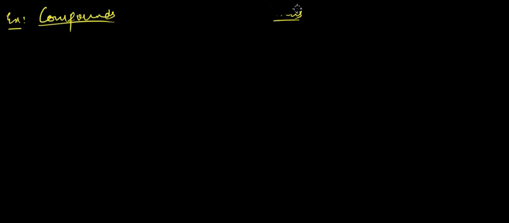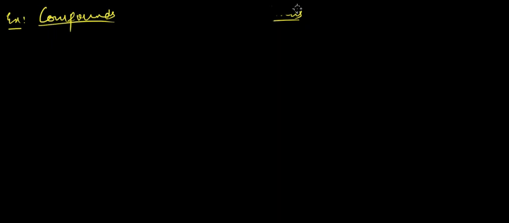Okay, let's look at the second example. We have Cl, H here and H, Cl here. We have H, Cl here and Cl, H here, and thirdly we have H, Cl here and H, Cl here. So this is the first, this is the second, and this is the third.